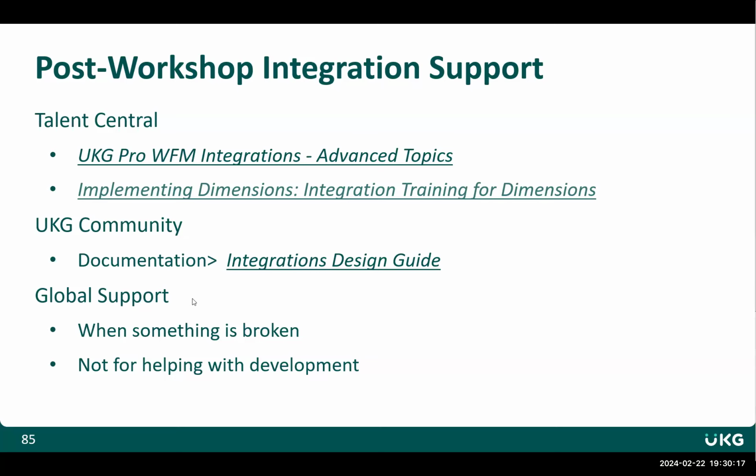Global support is there for you when something is broken. They're not there to help you with your development. So if you can't figure out how an API works, or you're having problems developing some Boomi integration, that's not what global support is there for. They're there for you when something is broken. So how do you get development help if you need it?